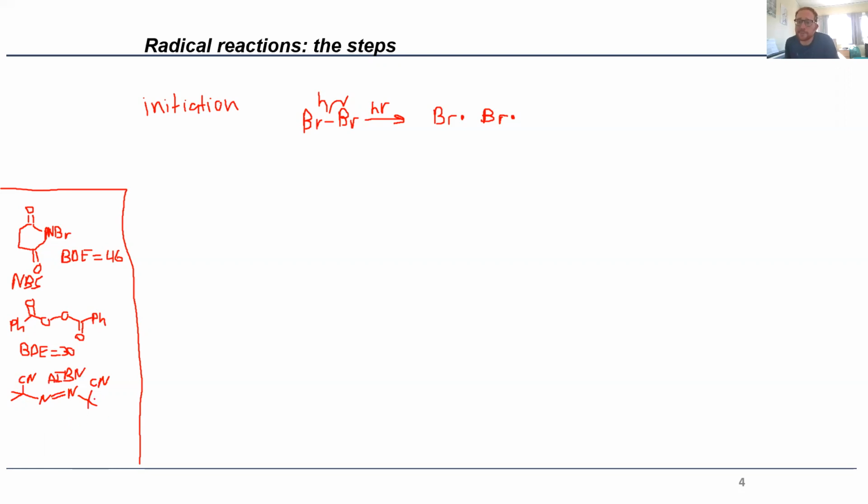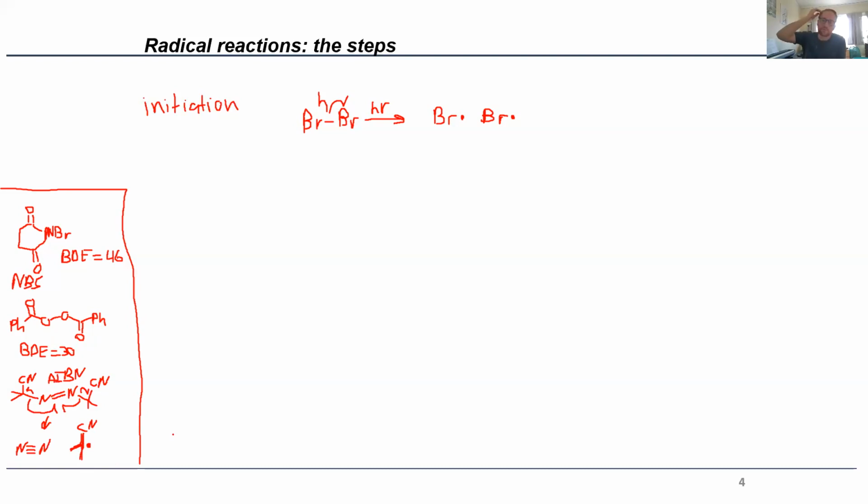Just upon heating, what will happen in AIBN is this CN bond will homolyze, and that gives you nitrogen gas, which bubbles out and is the driving force for this, and two of these alpha nitrile radicals. And so this would be the active radical species.